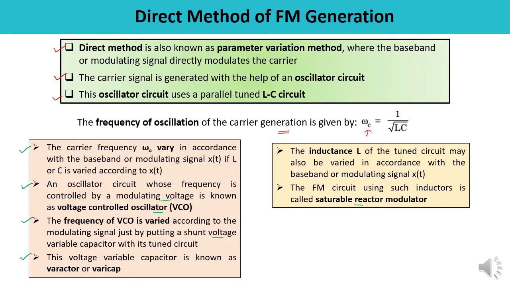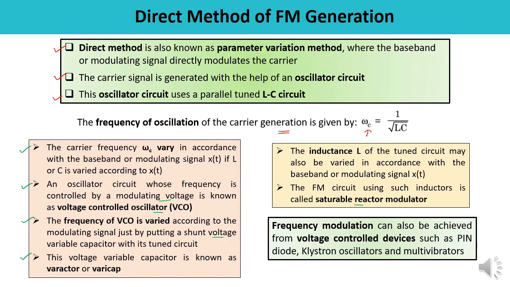And frequency modulation can be achieved from various types of voltage control devices. Some examples of voltage control devices are PIN diode, klystron oscillators and multivibrators. So these are the various devices which can be used over there.